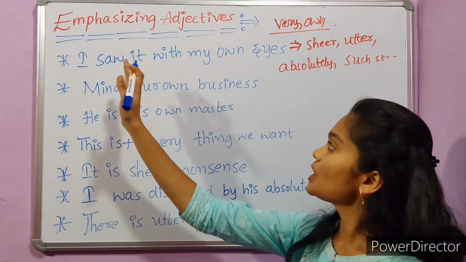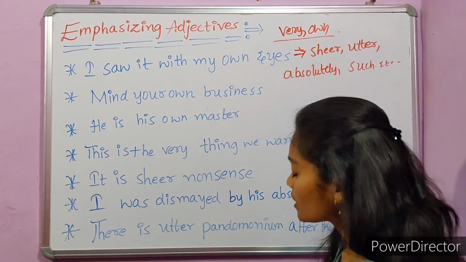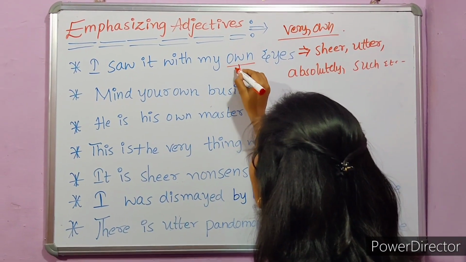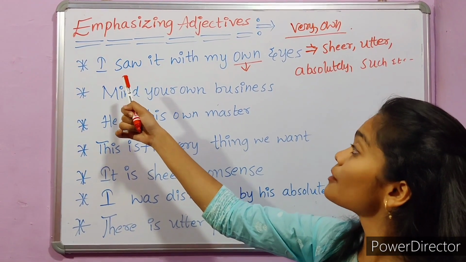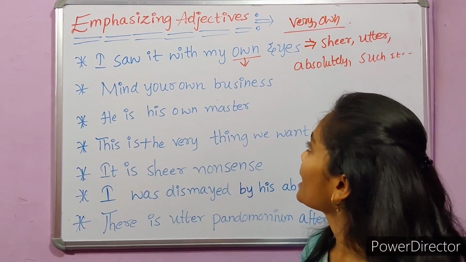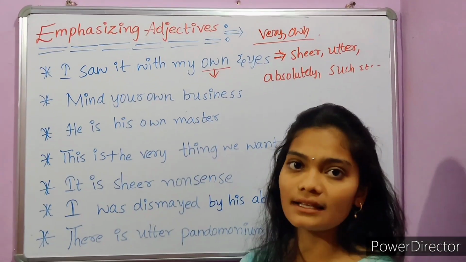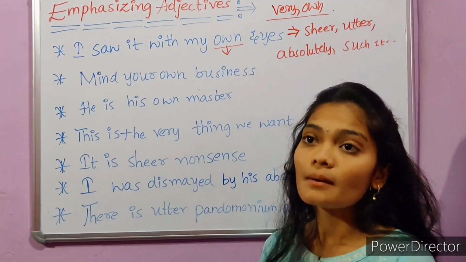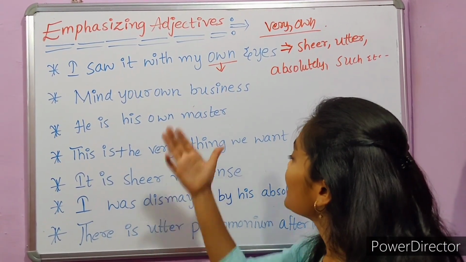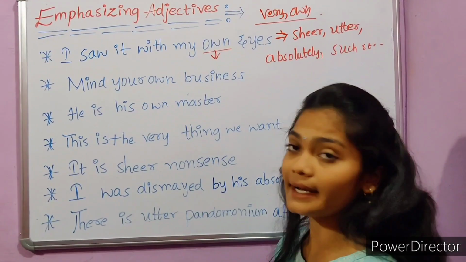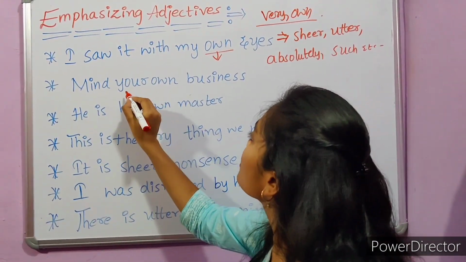If you observe this sentence, I saw it with my own eyes. Here, own is an emphasizing adjective because I am emphasizing the sentence by using the word own. We can say this as I saw it with my eyes. But if we use the word own, the sentence becomes so emphatic, right? And in the second sentence, mind your own business.